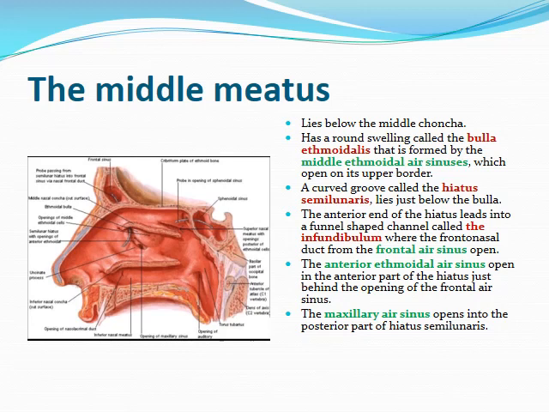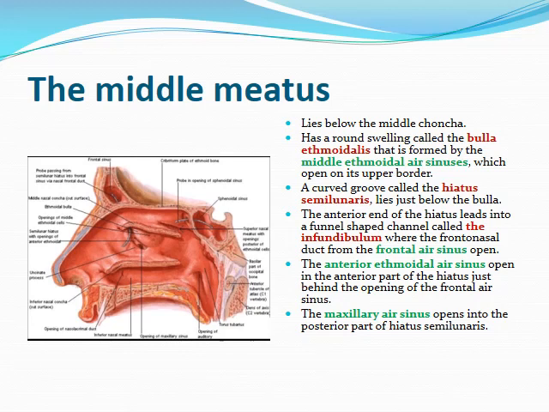On the other hand, the anterior ethmoidal air sinuses open in the anterior part of the hiatus semilunaris, just behind the opening of the frontal air sinus. And the maxillary air sinus opens into the posterior part of the hiatus semilunaris.